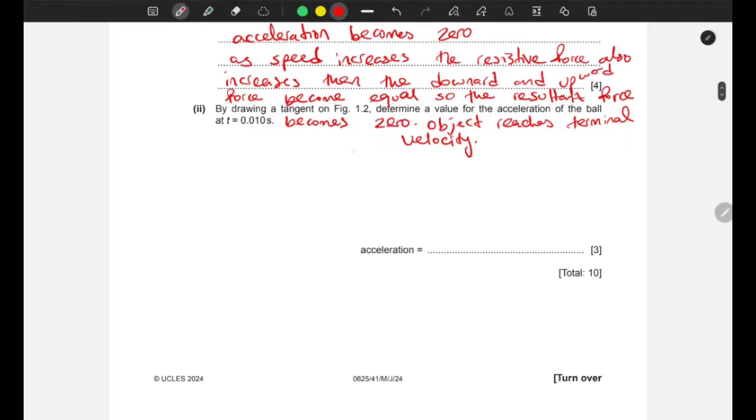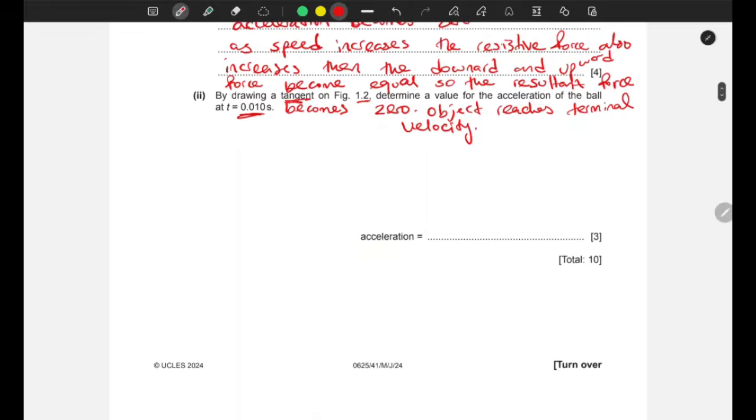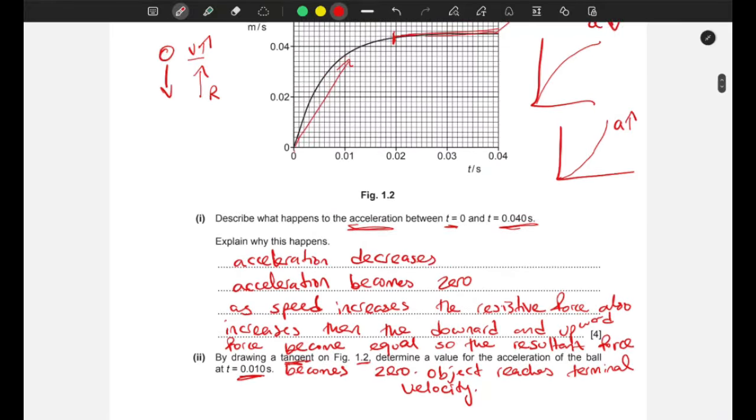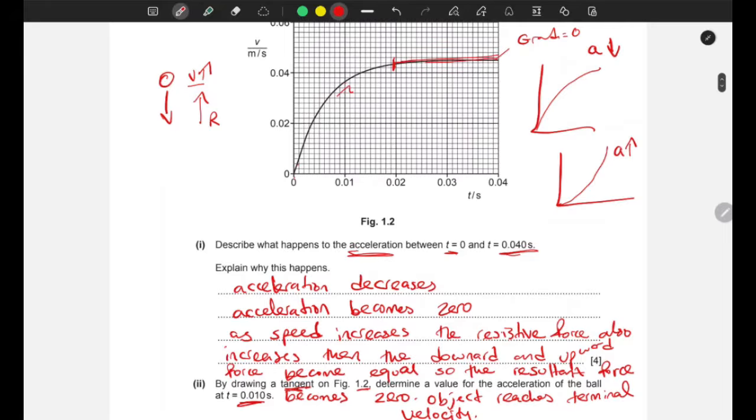Part 2. By drawing a tangent on figure 1.2, determine a value for the acceleration of the ball at 0.01 seconds. So we know that the acceleration is equal to the gradient. So let me just remove everything here.